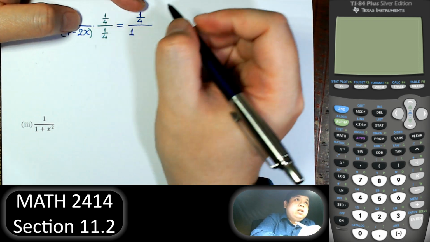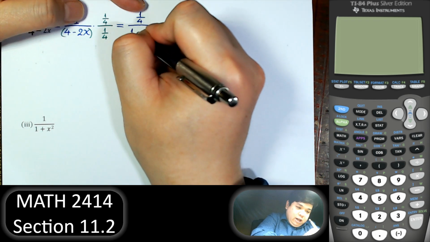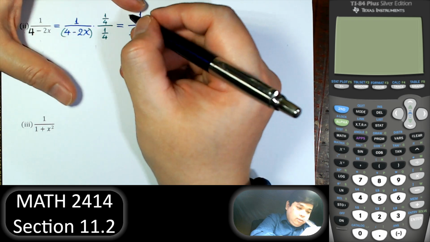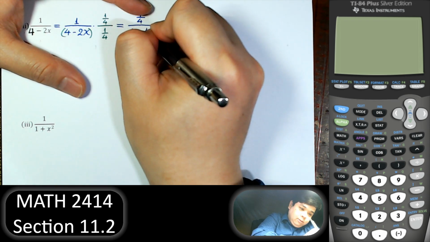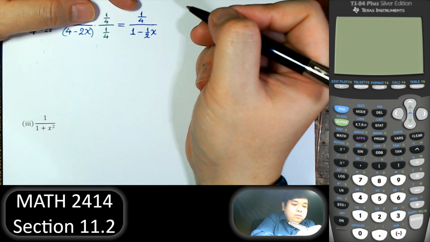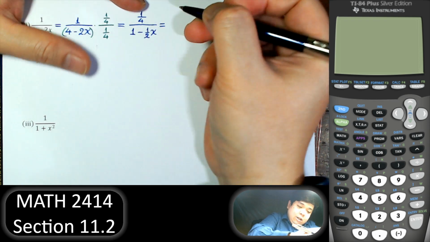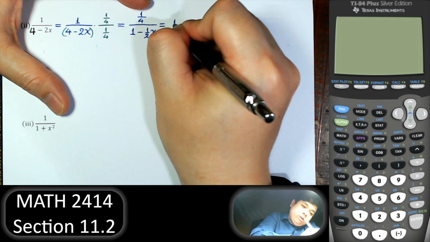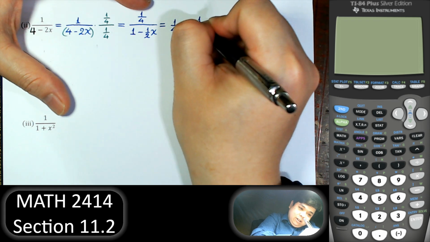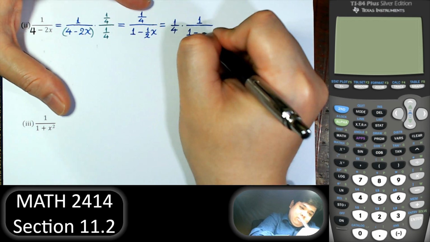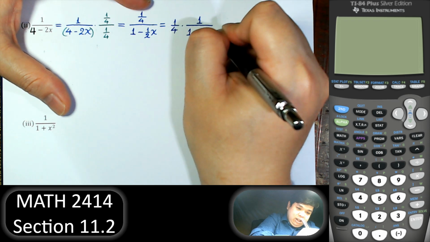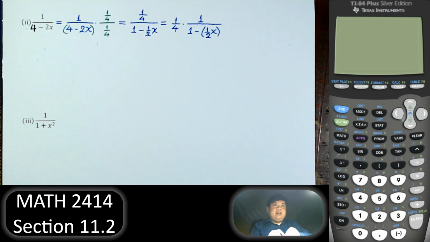And 1/4 times 2 is negative x over 2, or we say it 1/2 x. Then we can bring out the 1/4 in front. So we need the 1 on top, and we need 1 minus something at the bottom. We can write 1/2 x or x over 2, either way. I'm just going to keep 1/2 x like that.